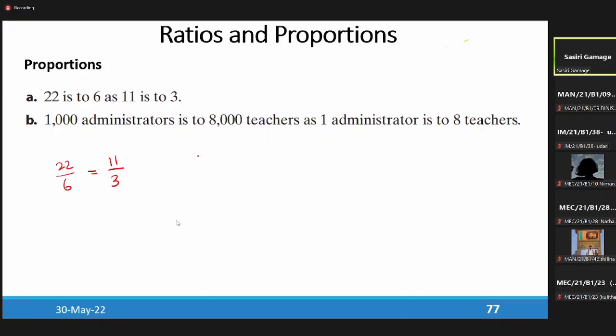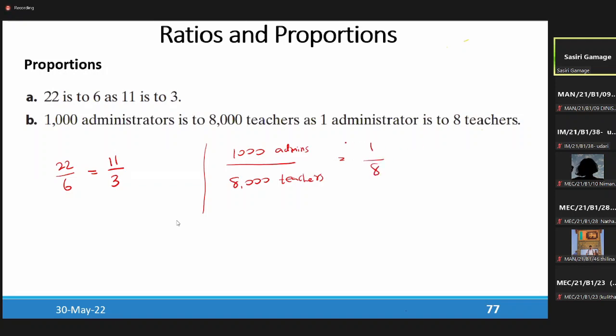These are proportions. Then another one, 1000 administrators to 8,000 teachers. That is equal to the 1:8 ratio.